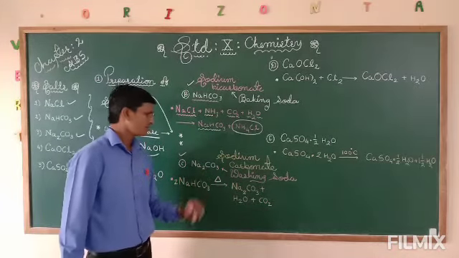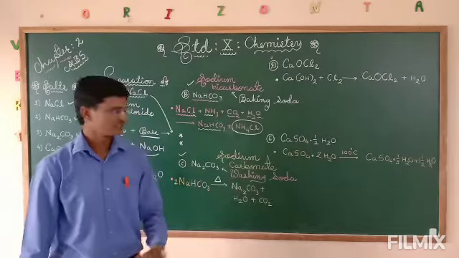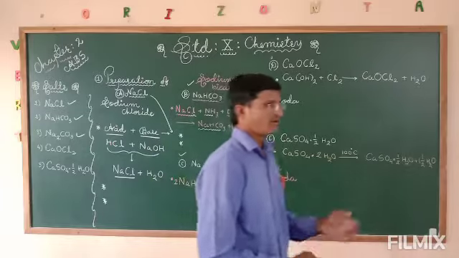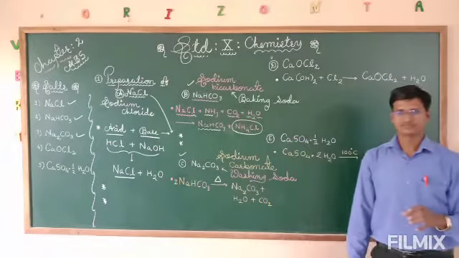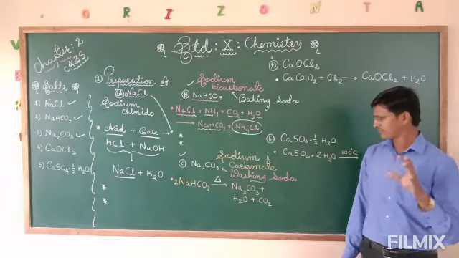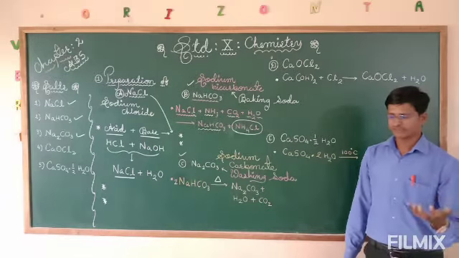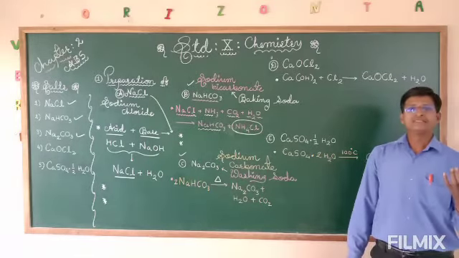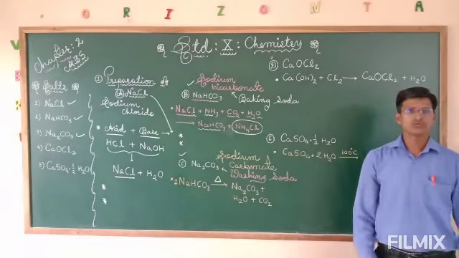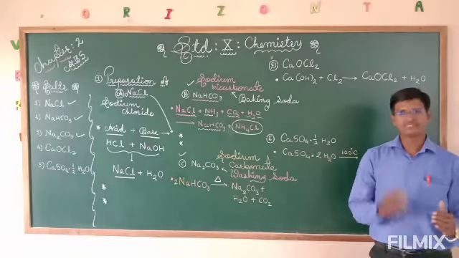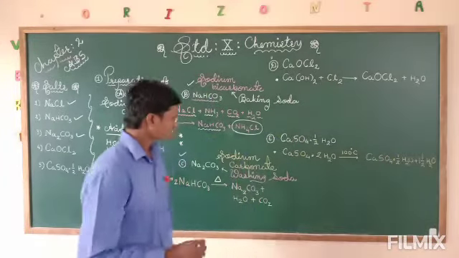This washing soda we are also using in food. If any germs, insects or other microbes are there, we add this washing soda to wash the fruits and vegetables. So in that also we are using this Na2CO3.